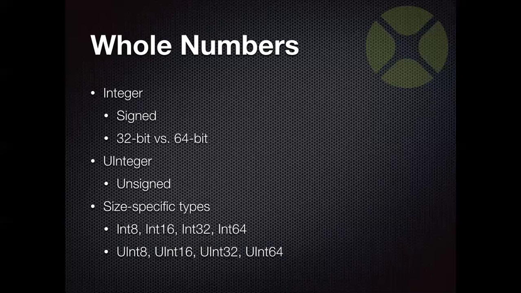But all the other ones, you're rarely going to have any reason to use them specifically. And that is important to understand when you look at the initial integer type. When you use the integer type in a 32-bit app, it is mapping to the int 32 type. And when you use integer on a 64-bit app, it is mapping to the int 64 type. So it's kind of doing that for you behind the scenes.